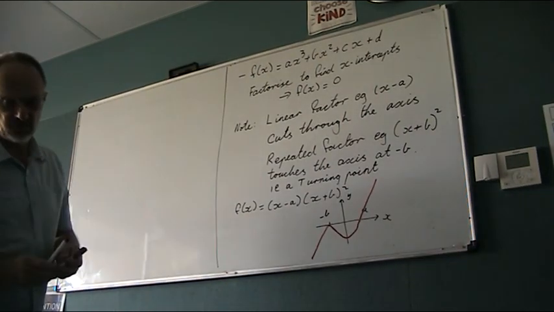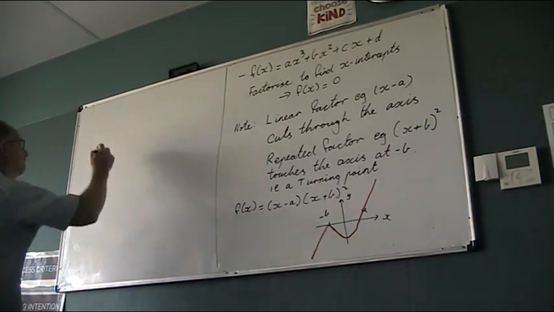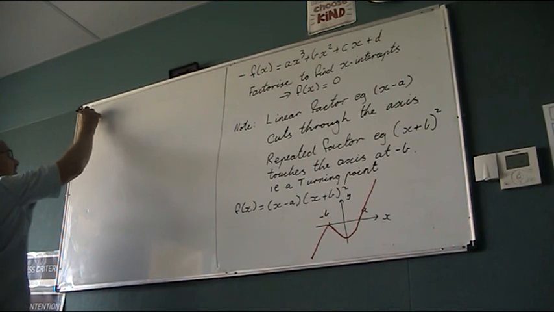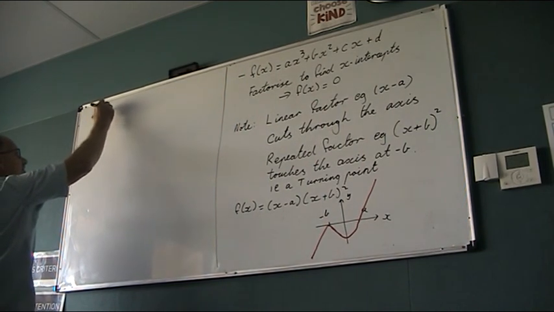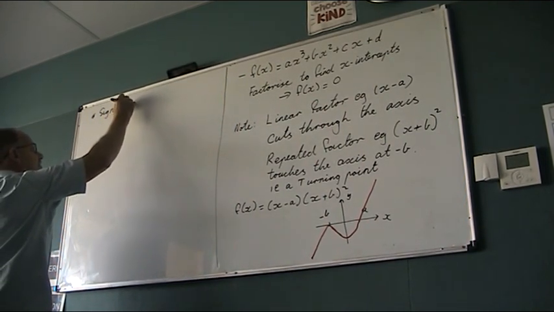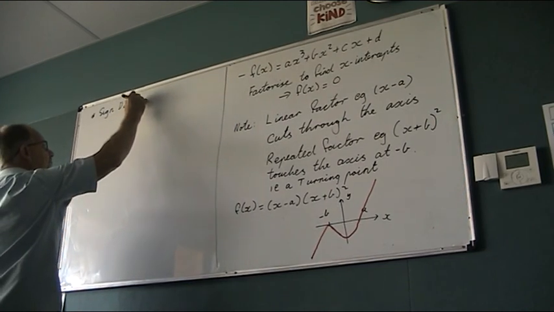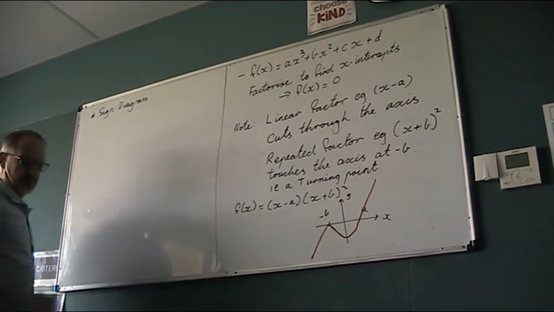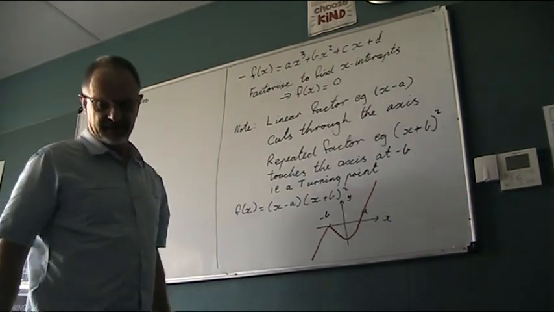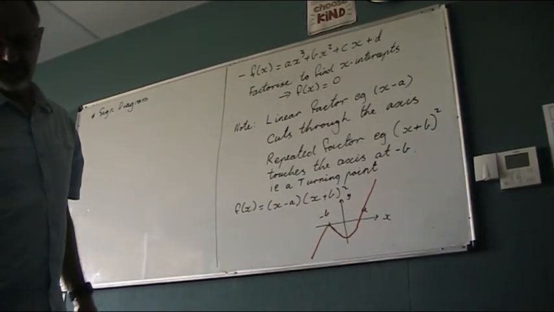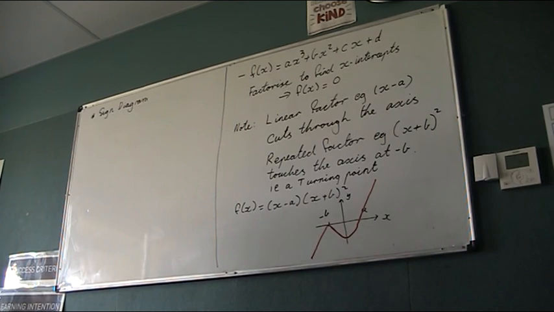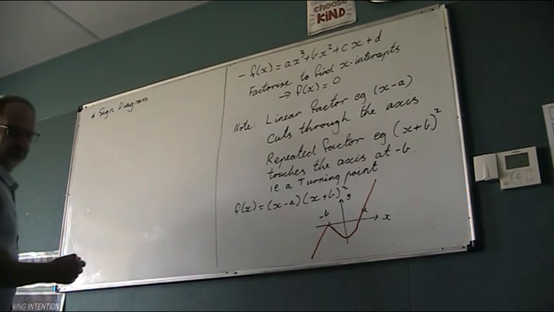And that's things called a sign diagram. And all a sign diagram indicates is whether a function is positive or negative in a certain section.